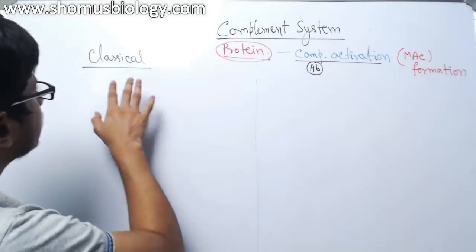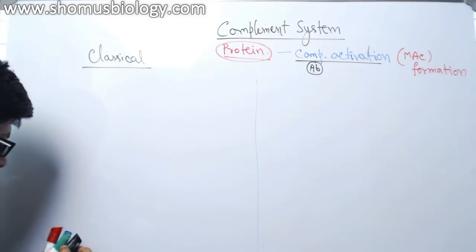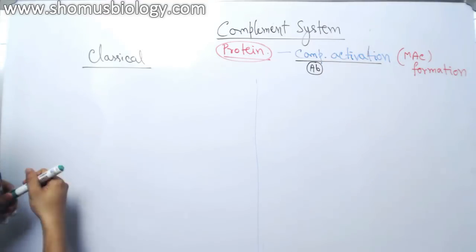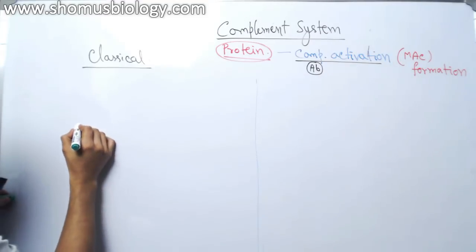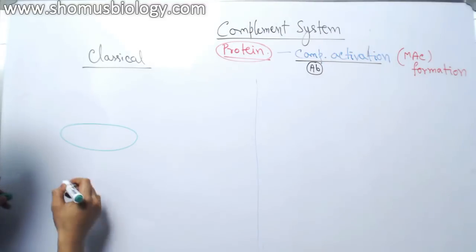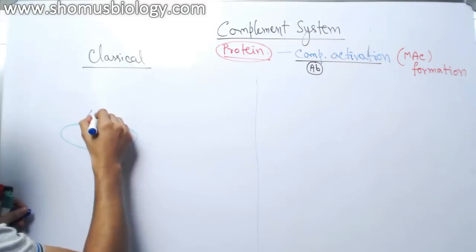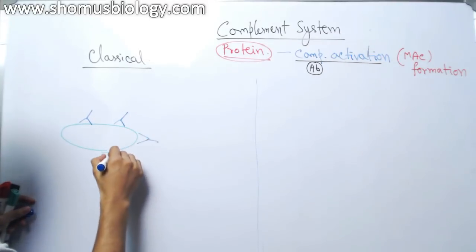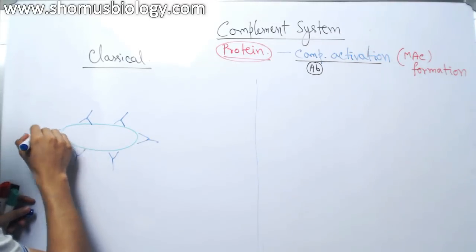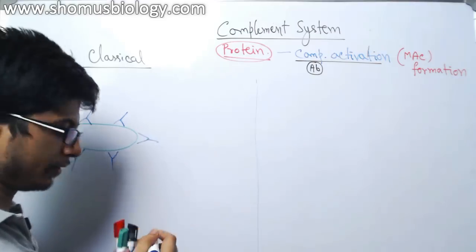Now if I look at complement activation, what happens? Let's say this is the target bacteria and antibody is surrounding it, and it is destined for complement activation.